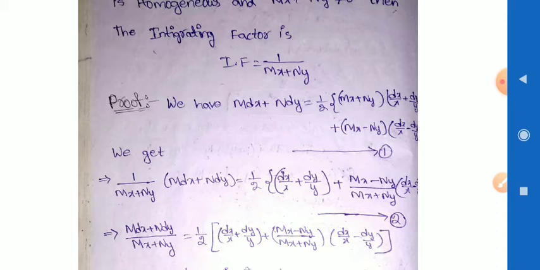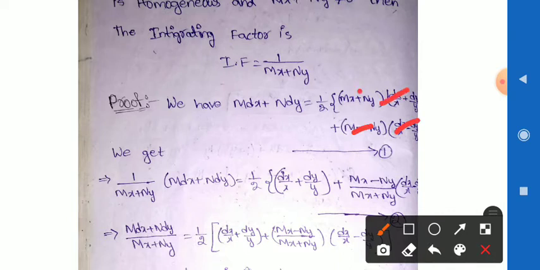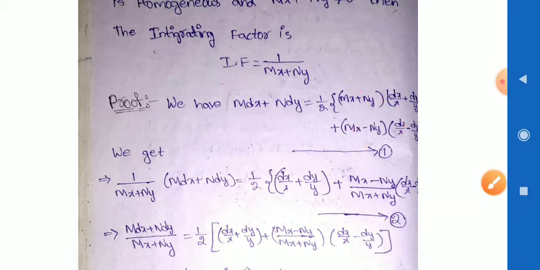By simplification, by cancelling, we get M dx + N dy. So the differential equation M dx + N dy can also be written in the above form.